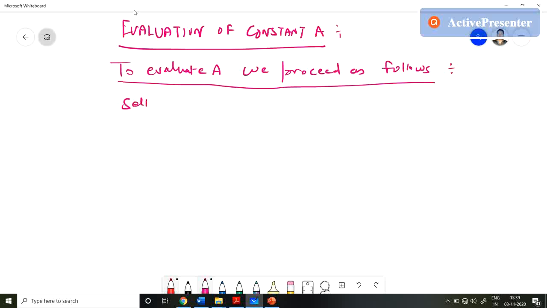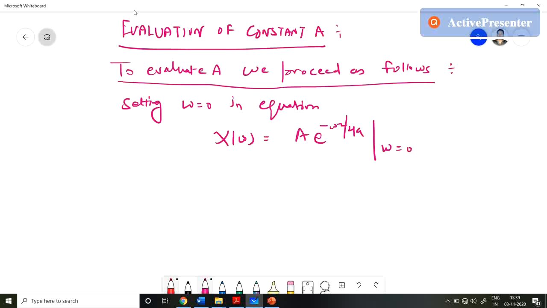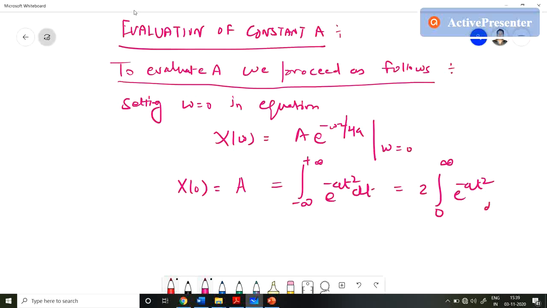Setting omega equal to 0 in the equation X(omega) equals A e raised to the power minus omega square divided by 4a, we get X(0), that is equal to A, and it is equal to the integral from minus infinity to plus infinity of e raised to the power minus a t square dt, and that is equal to 2 times the integral from 0 to infinity of e raised to the power minus a t square dt, and that is equal to under root pi divided by a.